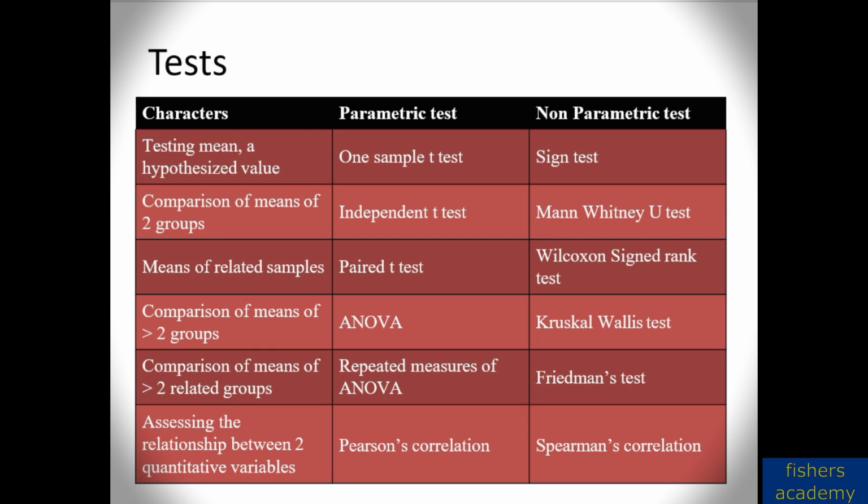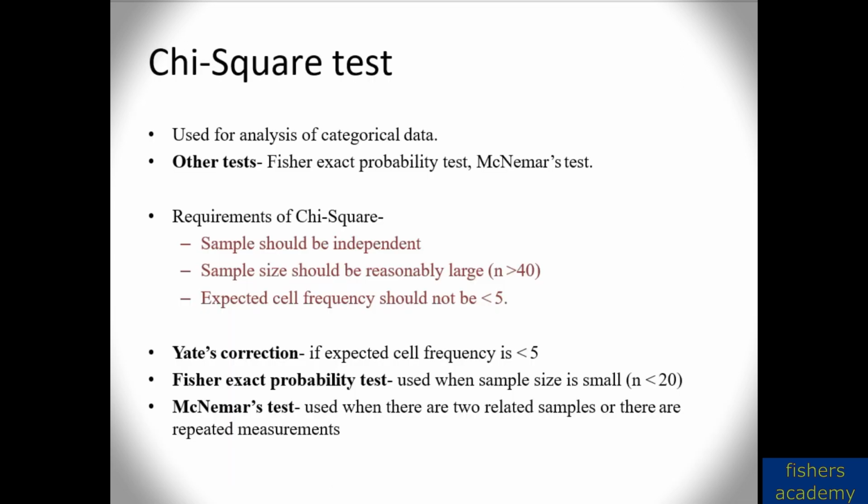For assessing the relationship between two quantitative variables, Pearson correlation and Spearman's correlation. That is why I have put this in a table format, so you can easily understand and follow it while selecting which test to use for your data variables.